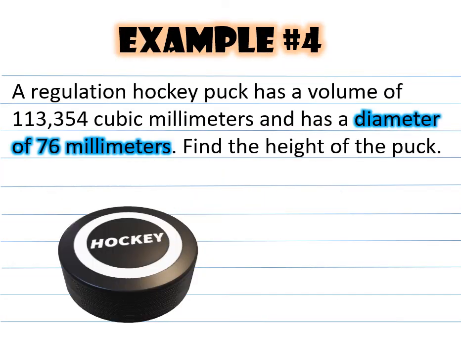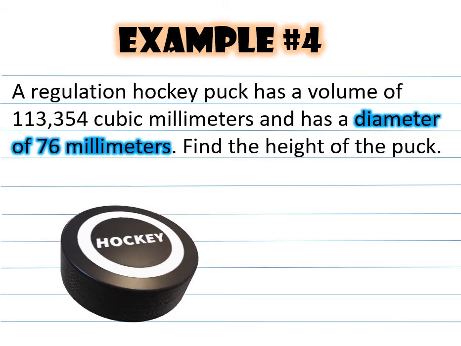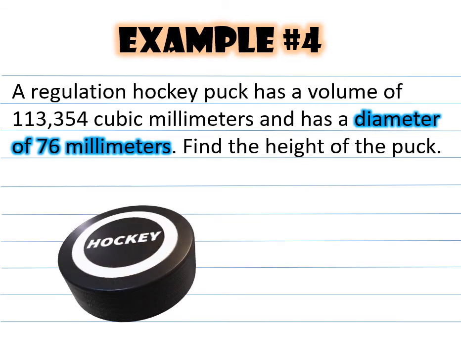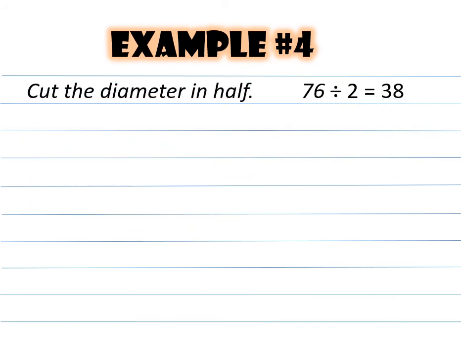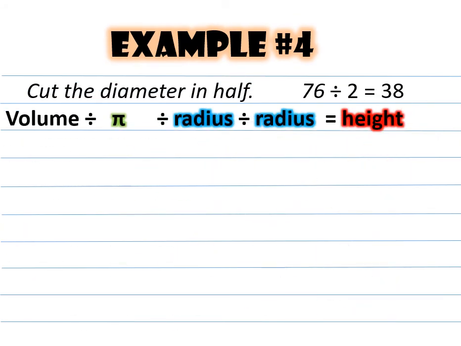A regulation hockey puck has a volume of 113,354 cubic millimeters and has a diameter of 76 millimeters. Find the height of the puck. So we are going to cut the diameter in half. 76 divided by 2 to get 38.